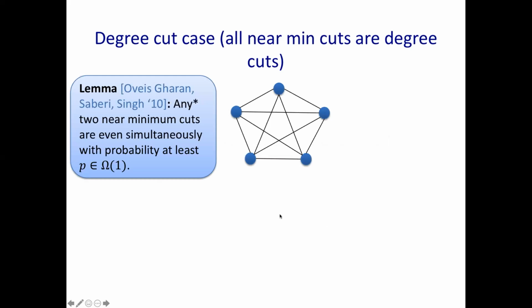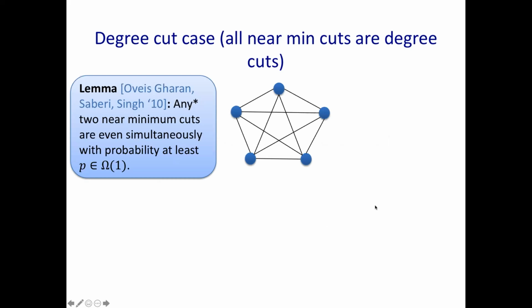And in this case, we can use a lemma which is proved in the paper from Oveis Gharan, Saberi, and Singh in 2010, that any two near minimum cuts are even simultaneously with probability at least some constant p. And there's one important exception here, hence the star, but I'm not going to go into that in this talk.